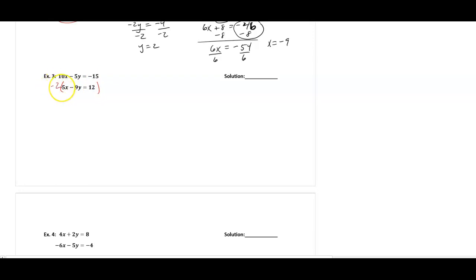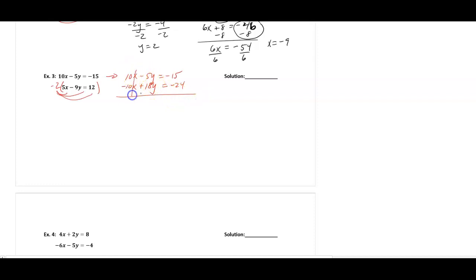Well, if I multiply it by negative 2, my top equation stays the same: 10x minus 5y equals negative 15. But my bottom equation now, negative 2 times 5x is negative 10x. Negative 2 times negative 9y is plus 18y equals negative 2 times 12, which is negative 24.